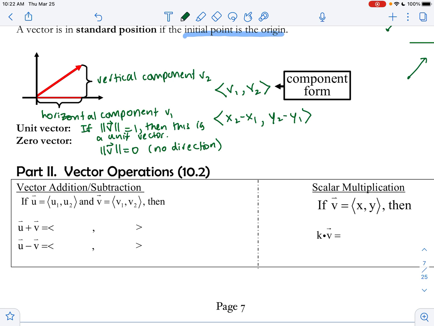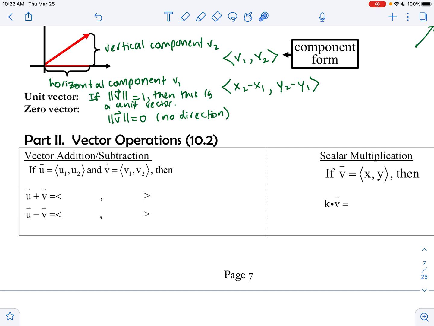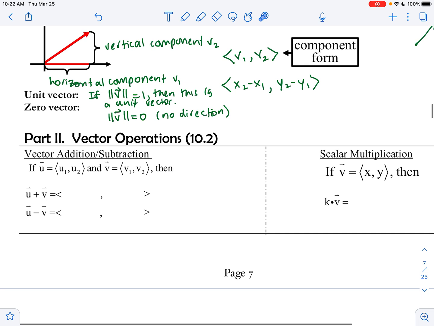Okay, so we're going to go through and complete this vector operation, which is also review for you. Given that you have two vectors written in component form, where the x, the horizontal component, is u1 for the first vector and v1 for the second vector, and the y component, or vertical component, is u2 and v2 respectively of vector u and vector v, then we can perform a simple operation in order to add two vectors.